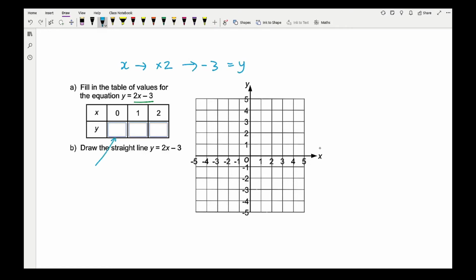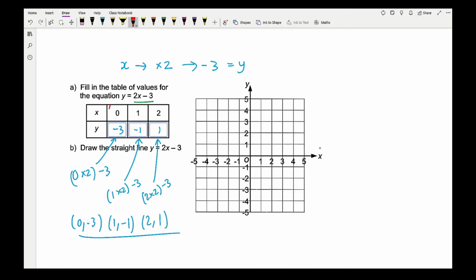So starting with this, I've got 0 times 2, take away 3, so that's going to give me minus 3. Then for this one, I'm going to have 1 times 2, take away 3, which gives me minus 1. And for this one, we're going to have 2 times 2, take away 3, which gives me positive 1. So my coordinates are 0, minus 3, 1, minus 1, and 2, 1.